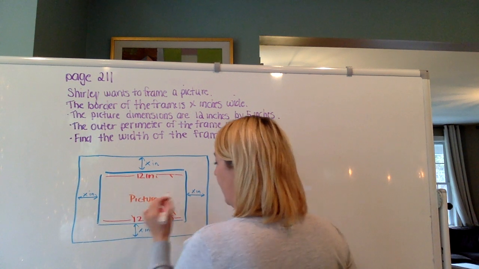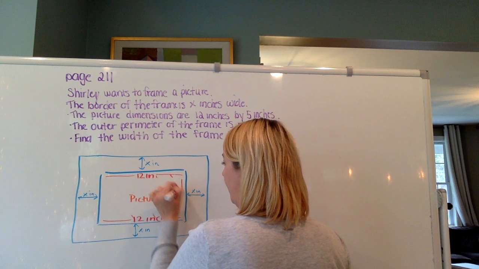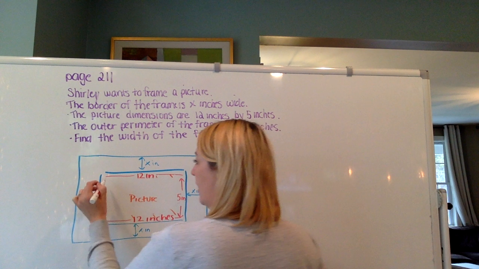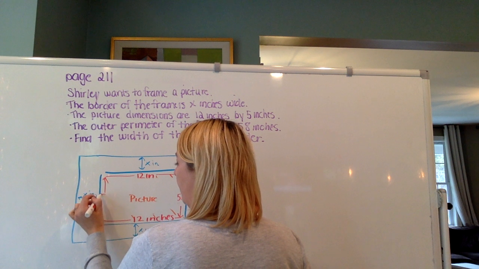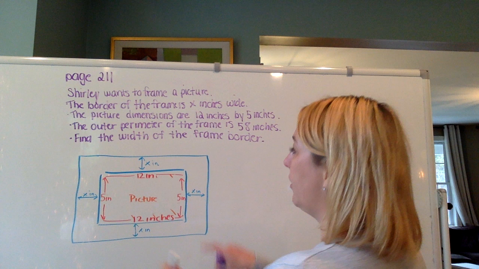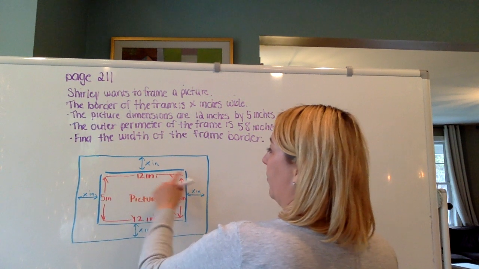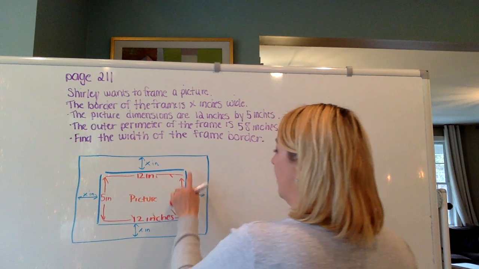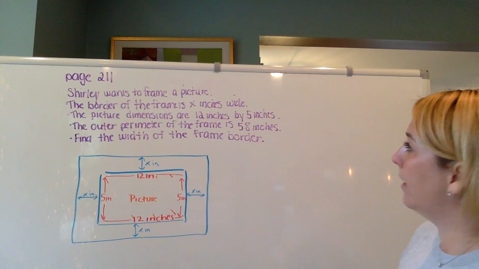And we know that it's 5 inches this way and 5 inches this way, right? So the picture is 12 by 5. So it's 12 going this way, 12 going this way, 5 going this way, and 5 going this way, okay?